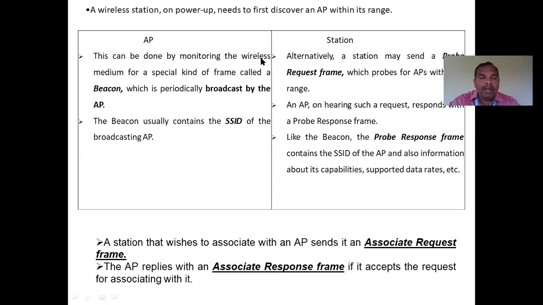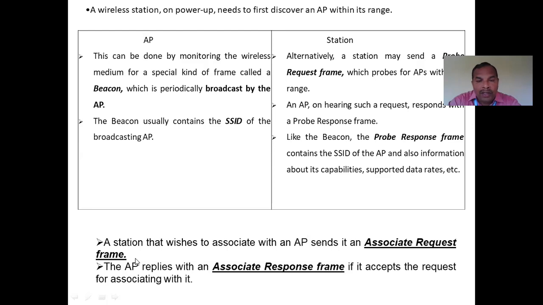This can be done by monitoring the wireless medium for a special kind of frame called a beacon, which is periodically broadcast by the access point. Stations may send a request frame which probes for access points within range, and the beacon uses the SSID of the broadcasting AP. This beacon probe response frame contains the SSID of the AP and also information about its capabilities, supported data rates, and other things.